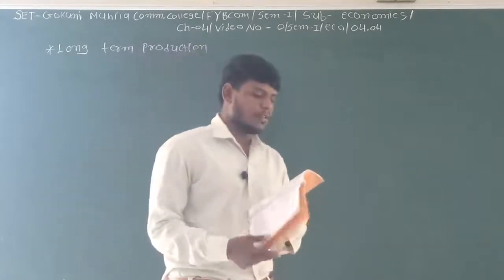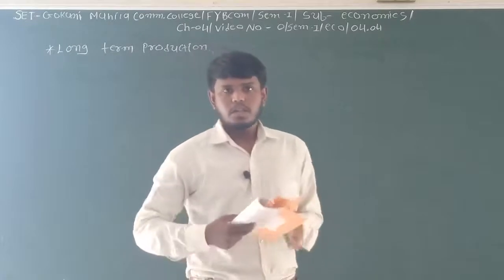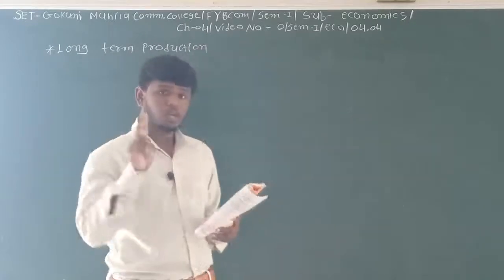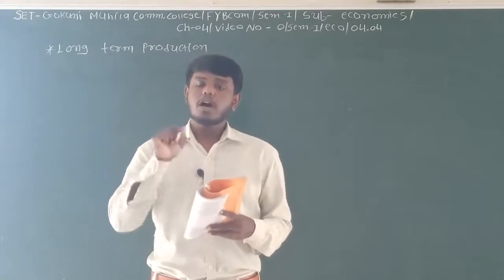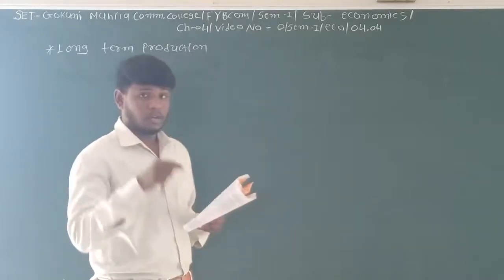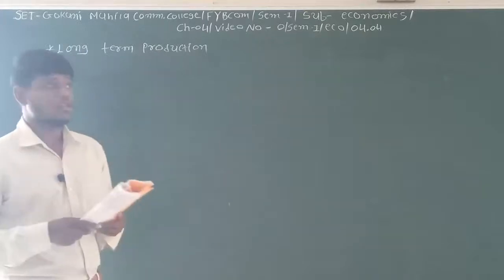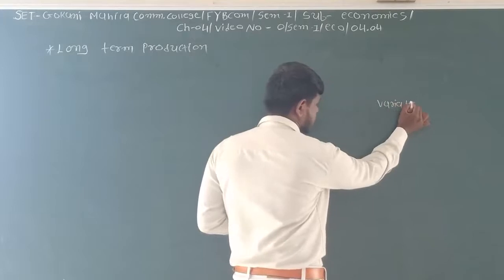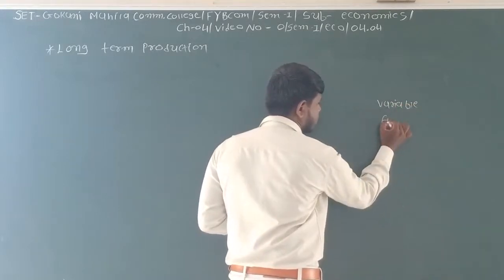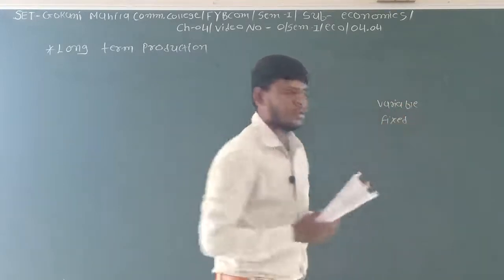scale of its plant. It means in the short term, we have seen there are two types of related factors available in the market. The first is variable, and the second is fixed or constant.